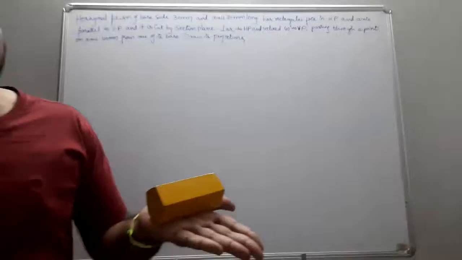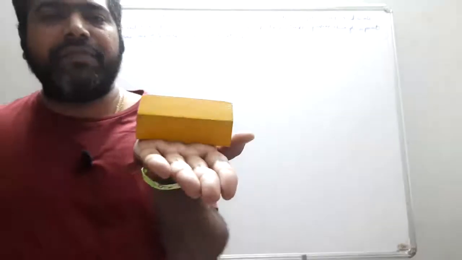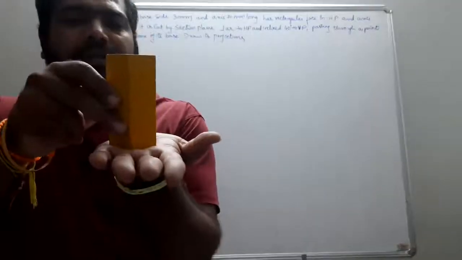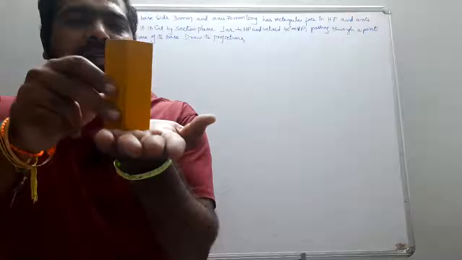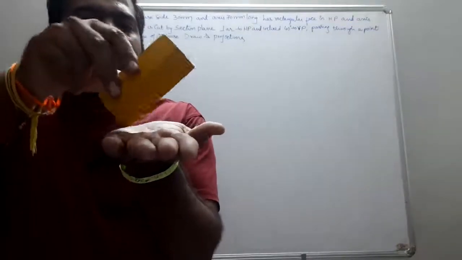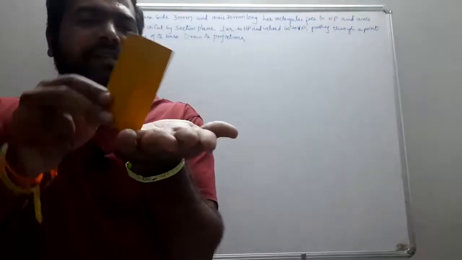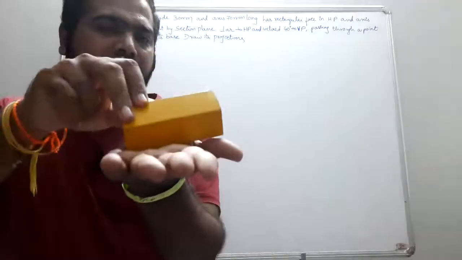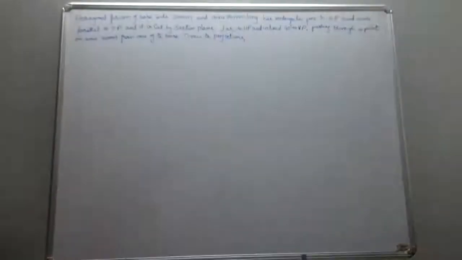We are not able to draw the front view directly like this. So first we draw the simple position with the axis perpendicular to HP. Once we obtain the simple position, you tilt it by 90 degrees so that this rectangular face is obtained on the ground like this. Okay, let us see.